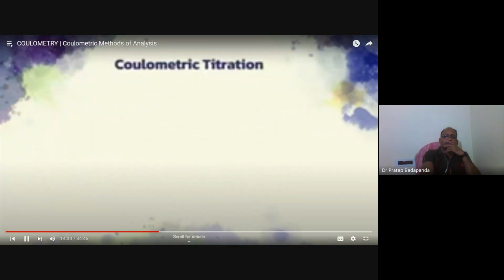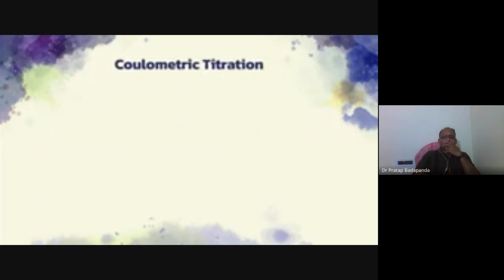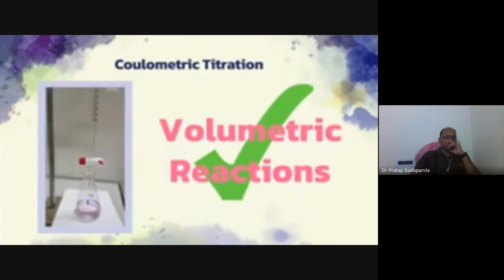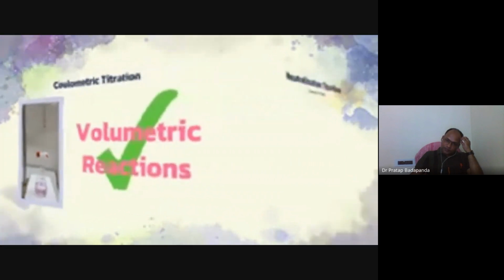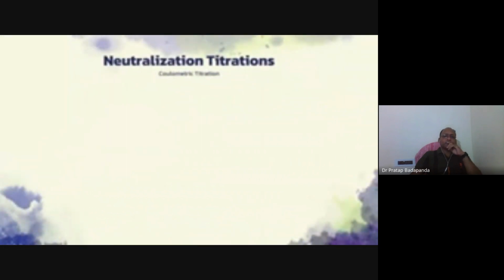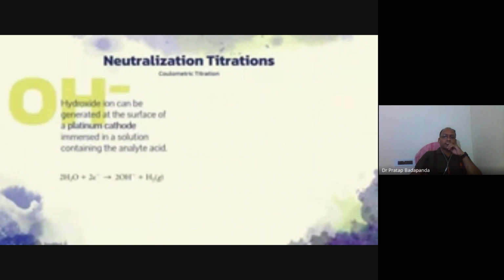Now, we go over to the applications of coulometric titration. As reported in many literatures, coulometric titrations have been developed for all types of volumetric reactions. For example, in neutralization titrations, hydroxide ion can be generated at the surface of a platinum cathode, immersed in a solution containing the analyte acid.